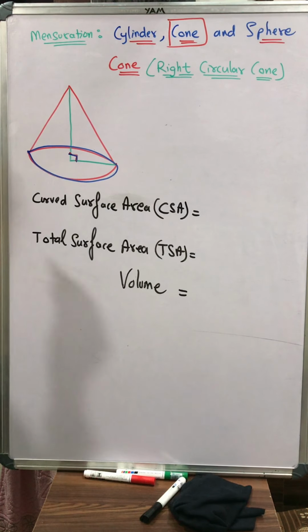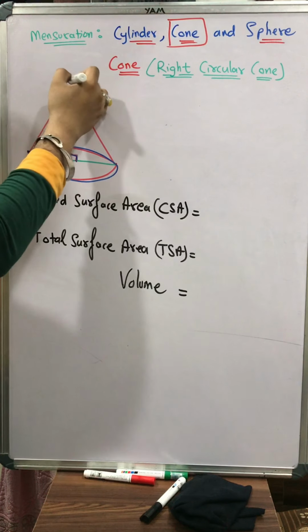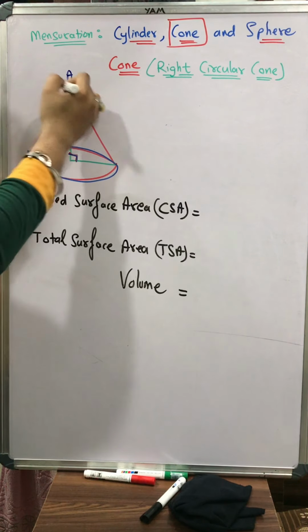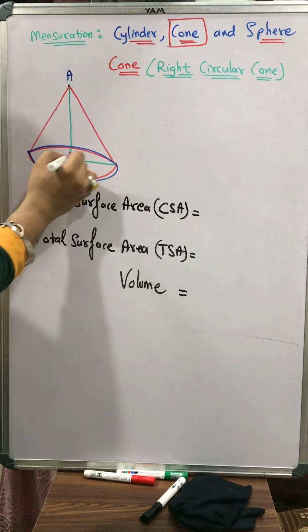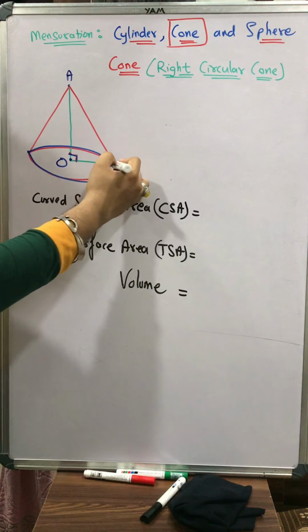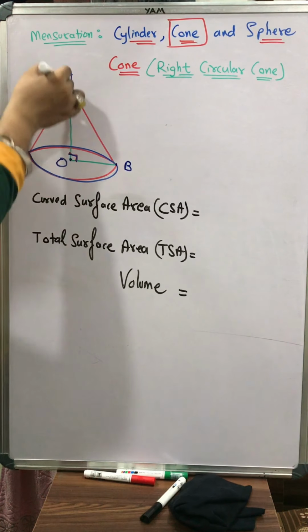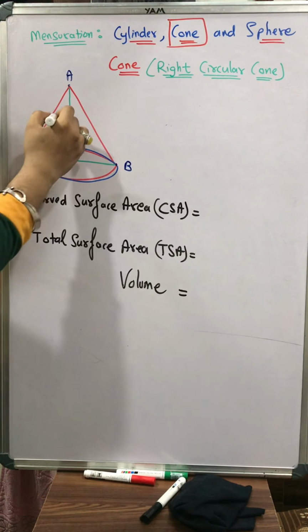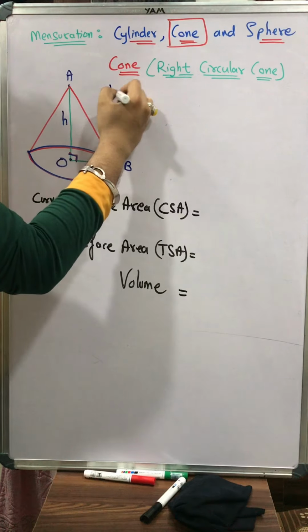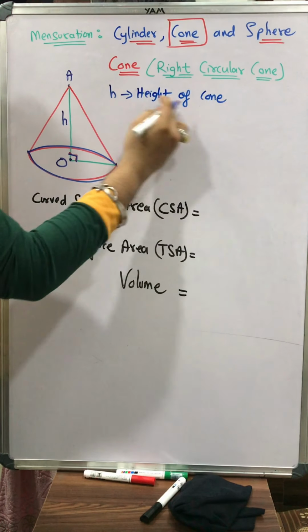Okay, now there are certain terminologies I want to explain to you all. For example, if I name this vertex as A, the center of the circular base as O, and this point as B, so students, AO is called H, the height of the cone.